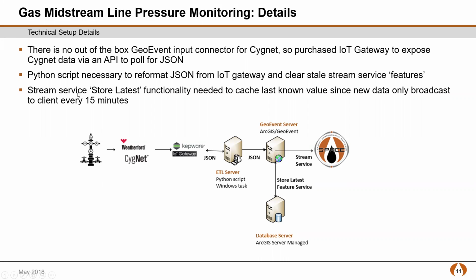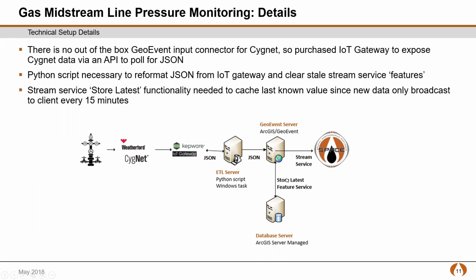We also had to utilize what's called the store latest functionality on an ESRI stream service, and that is needed to cache the last known value, because like I said, our Python script is only pulling data from the API every 15 minutes. So theoretically, without the caching feature, I pull up the web map, I might not see a new stream update for 14 minutes or something, and that's not going to work for the user.